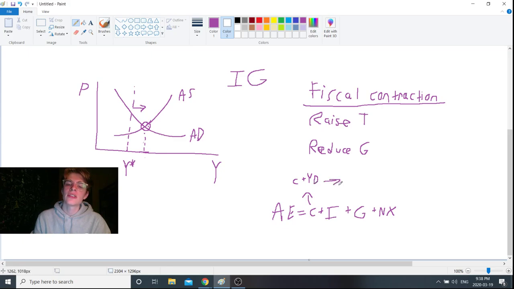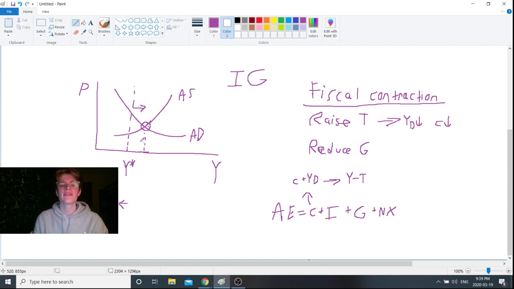And our disposable income is really just our income minus taxes. So if we raised taxes, what's that going to mean? It's going to mean that our YD gets smaller, our YD goes down, which makes our C go down, and this is positively related. So if our C goes down, our AE function is also going to go down. When AE goes down, AD goes left.